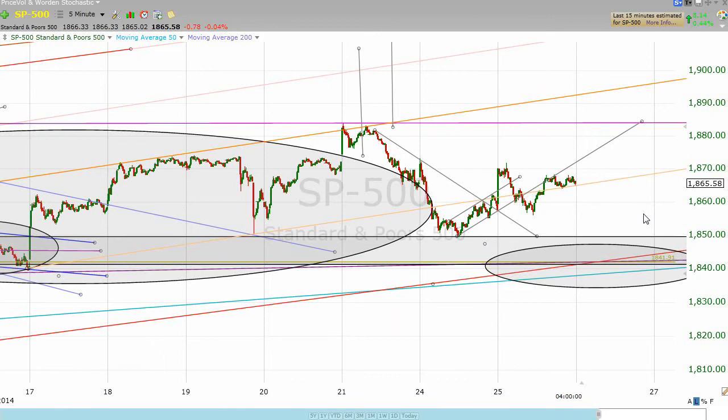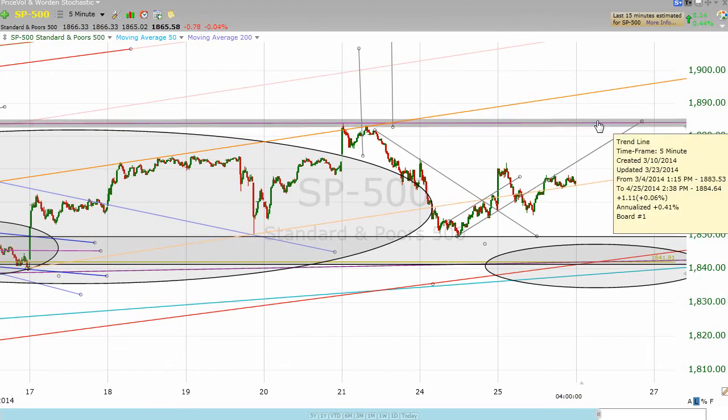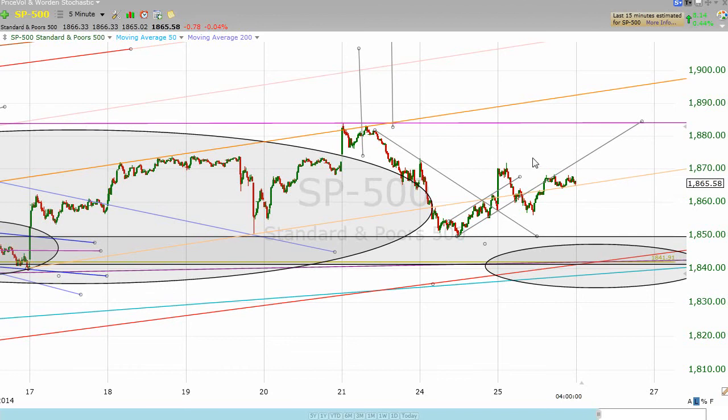Now, as we look at the chart today, again, we're up by a little bit less than 0.5%. I would really like to see us take out 1884.